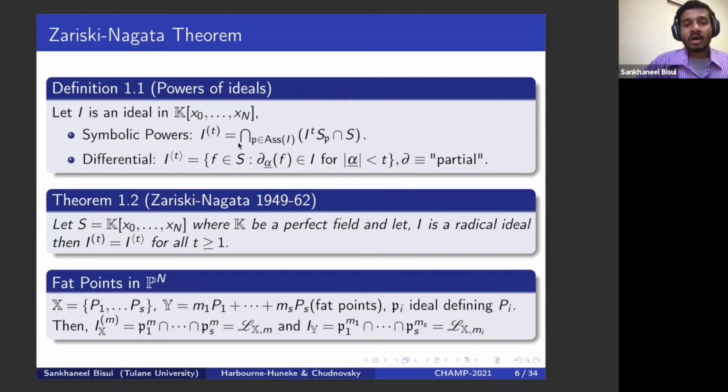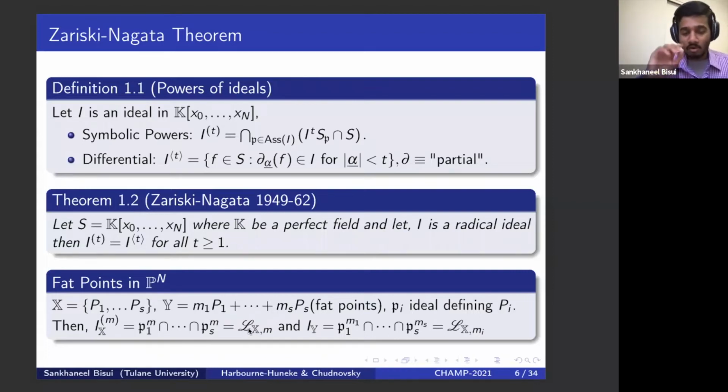So we no longer need to look into the definition of the symbolic powers. We can just think about the prime ideals corresponding to each point, take their ordinary powers and intersect them.